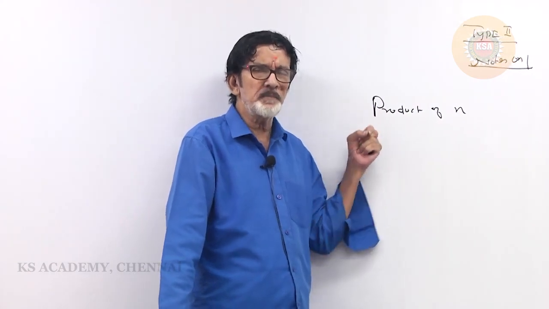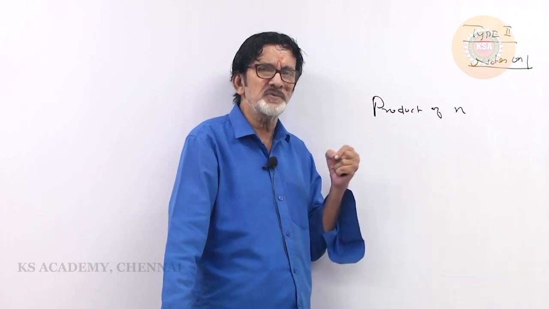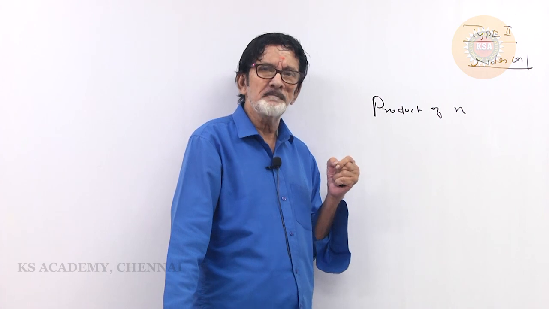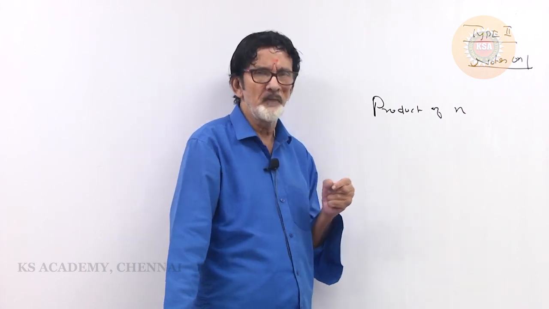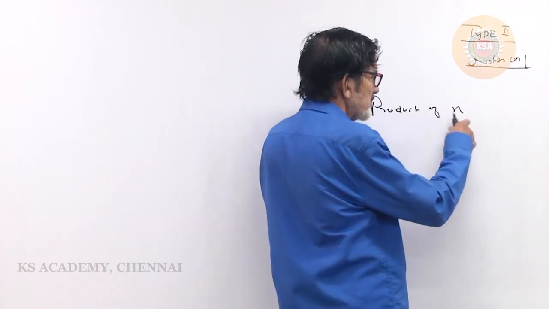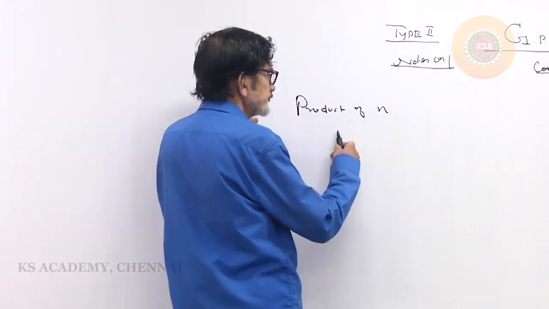In an AP, the sum of infinite terms is not possible and the product of n terms is not possible. Multiplication is possible only in a GP.